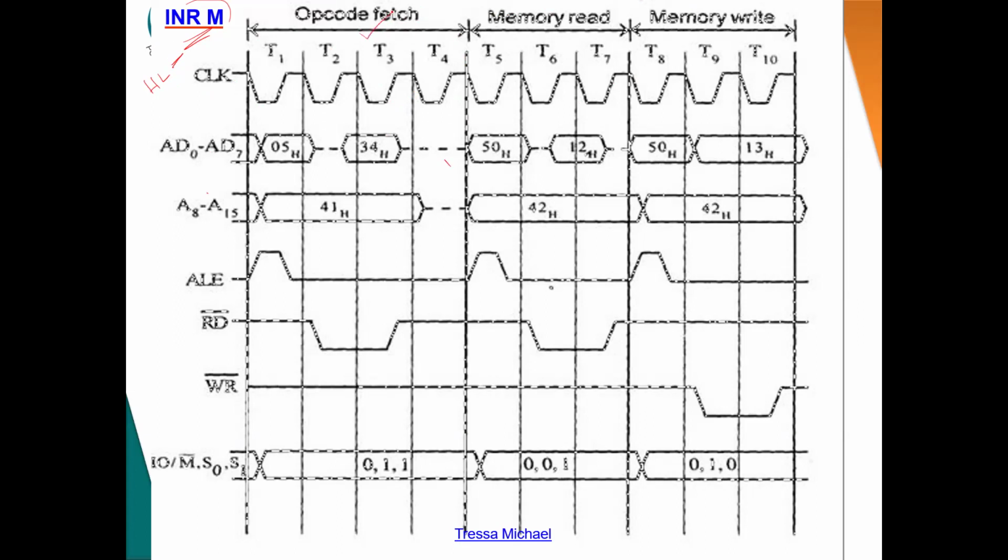The first is the opcode fetch, and the second is a memory read, since M indicates the location that needs to be read and incremented. The memory location is 5012; its content is incremented by 1 and stored back. That is why a memory read and a memory write are needed, so a total of 3 machine cycles are required.